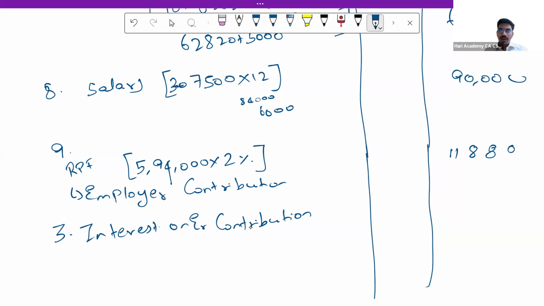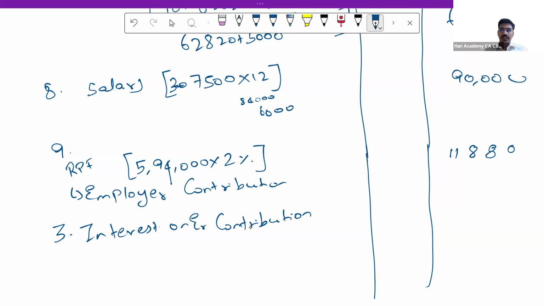As far as interest on employer contribution is concerned, any amount in excess of 9.5% is taxable. And in this case, interest is credited at 13% per annum, with a credit balance of provident fund of rupees 6,500.